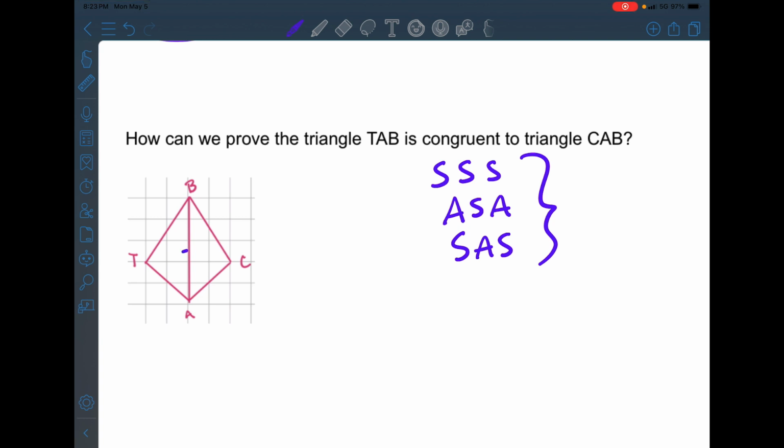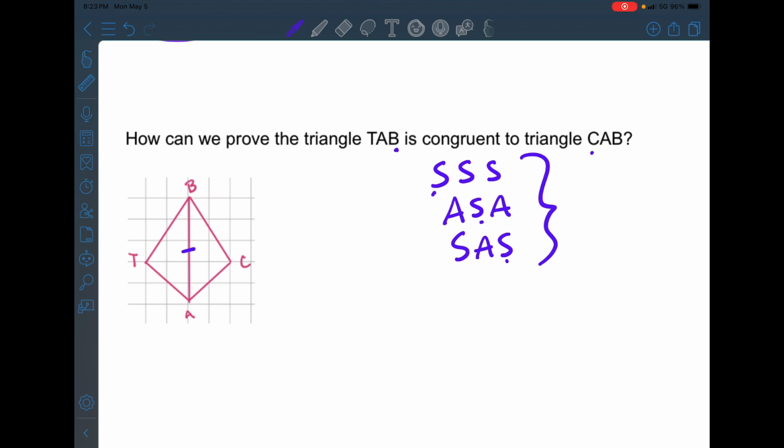Now, we know that AB is congruent to AB because it's the same side. So we automatically have one of these sides. Okay, I don't know which one, or if we have more than one angle, but I want you to be careful because sometimes they'll say, like, angle B is congruent to angle C. Well, that is not in the same spot, so they're not corresponding angles, so it doesn't matter that it wouldn't make one of these.